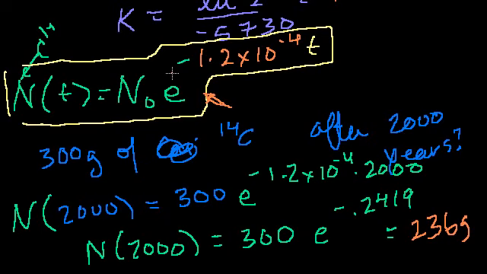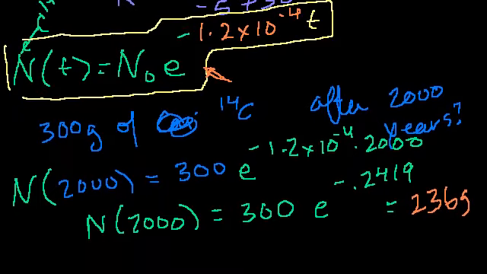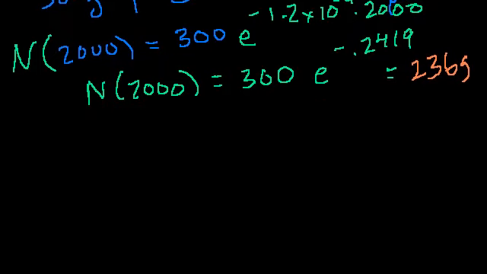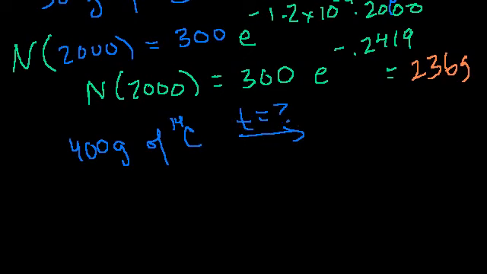Let's do another one like this. Let's go the other way around. Let's say I start off with 400 grams of C14, and I want to know how much time it takes for me to get to 350 grams of C14.